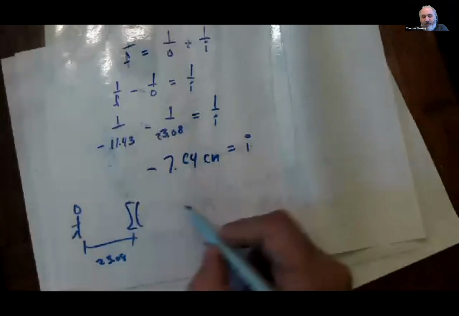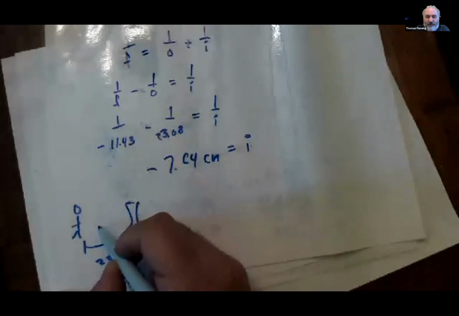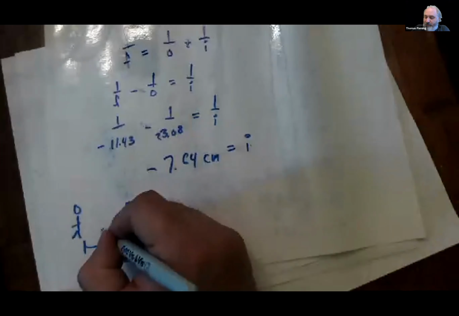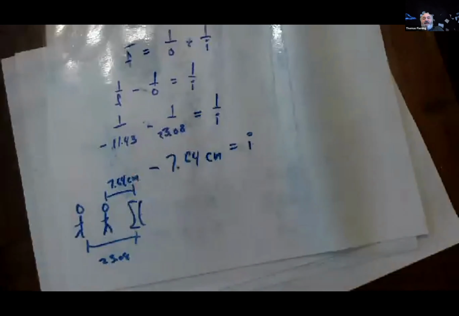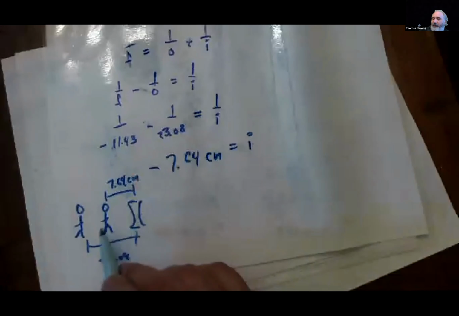So rather than being on this side of the lens, it appears on this side of the lens. So here's my image, and it's 7.64 centimeters away. So I get an image of the dude that's a little bit closer to the lens than the original dude was.